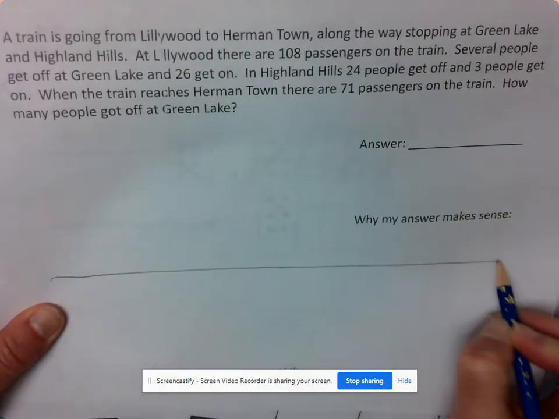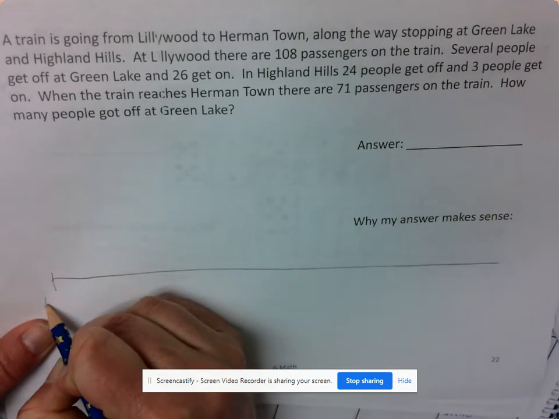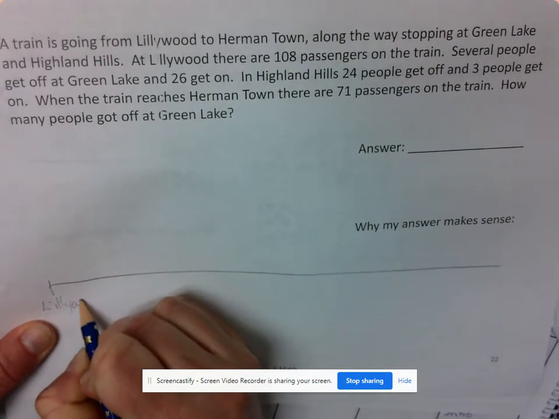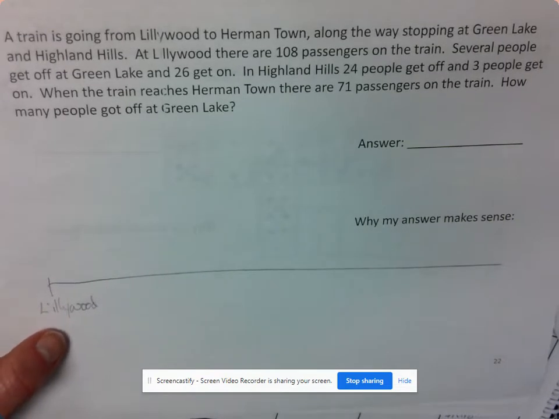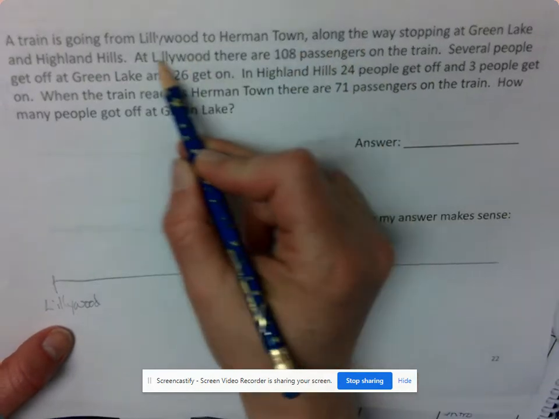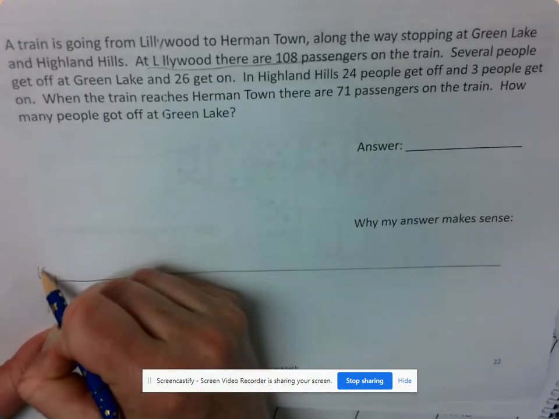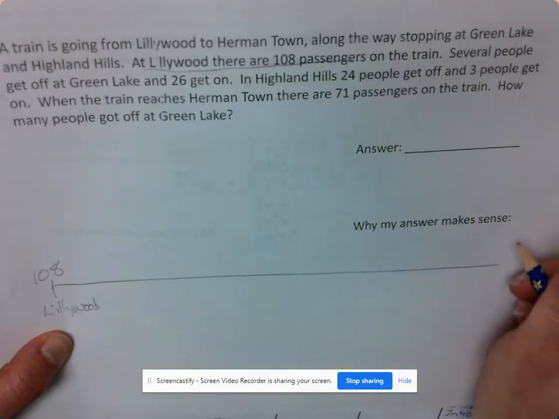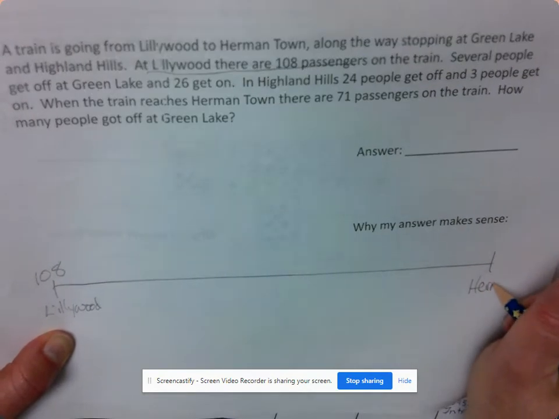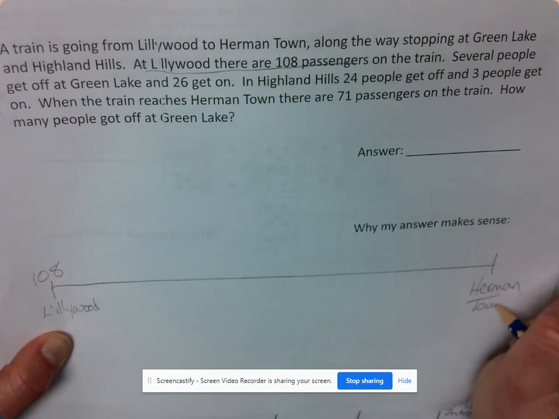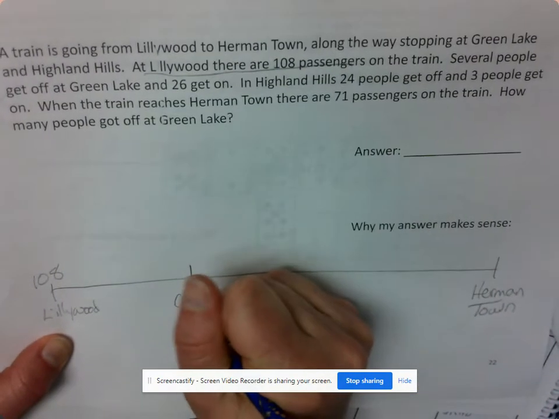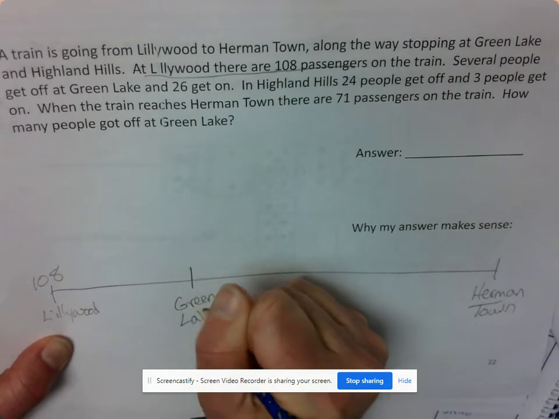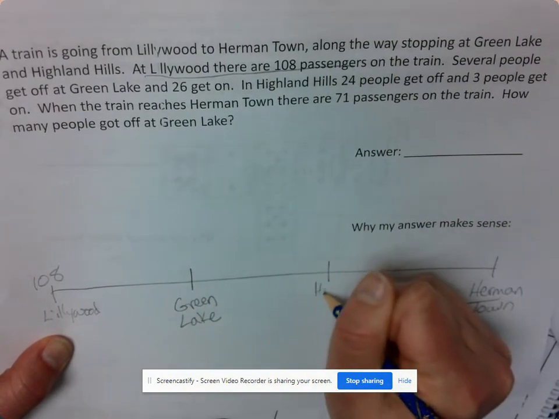What I do is I draw my line. We're starting at Lilywood. I don't know how many people they start with. Oh, nope, I take that back. I do know. At Lilywood, there are 108 passengers. We're going all the way to Hermantown. We know that we stop at Green Lake and at Highland Hills.